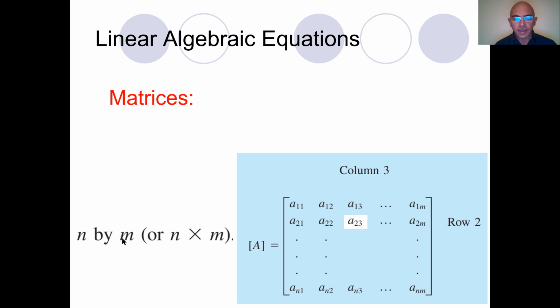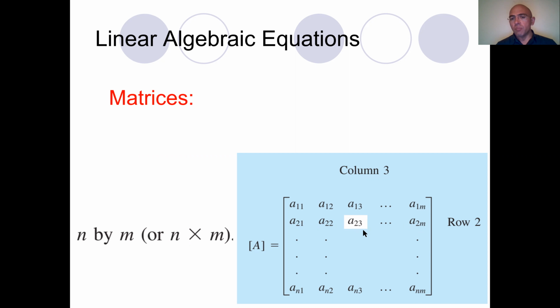Any matrix can have any dimensions. For example, here an n by m matrix, okay? This basically means that we have n number of rows and m number of columns.